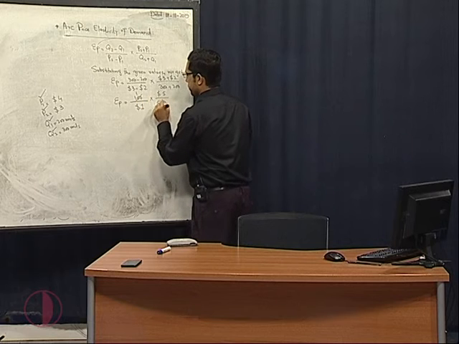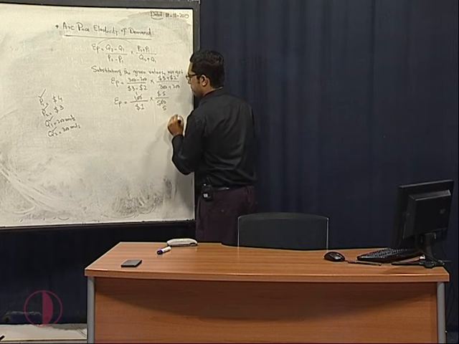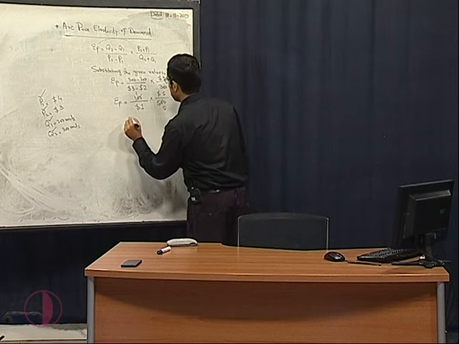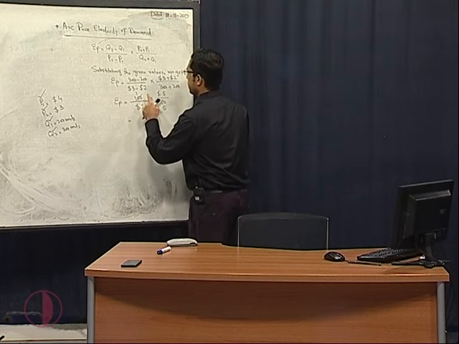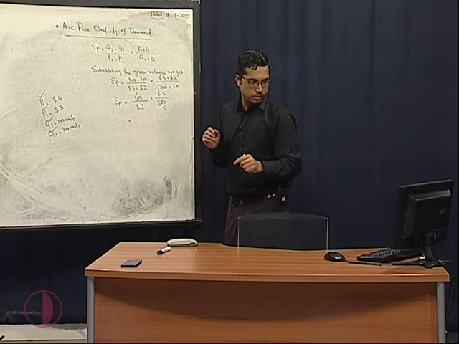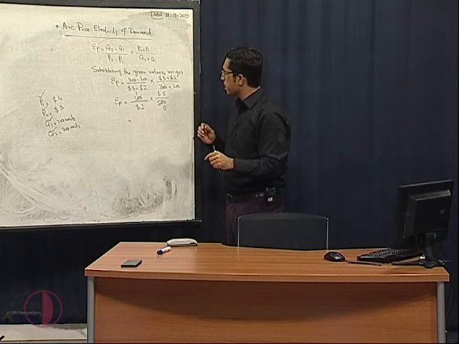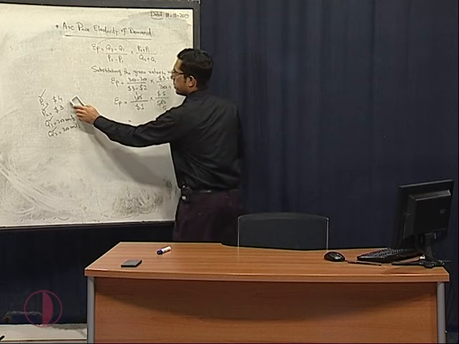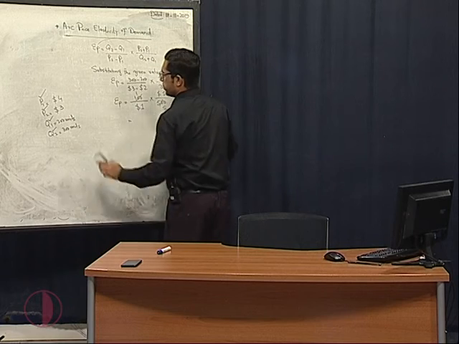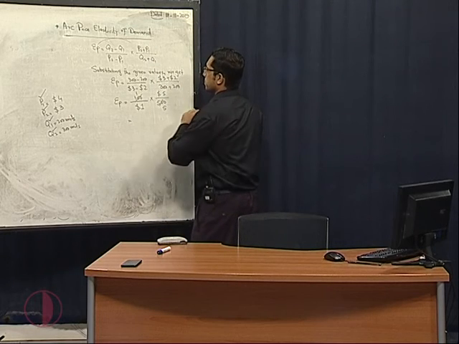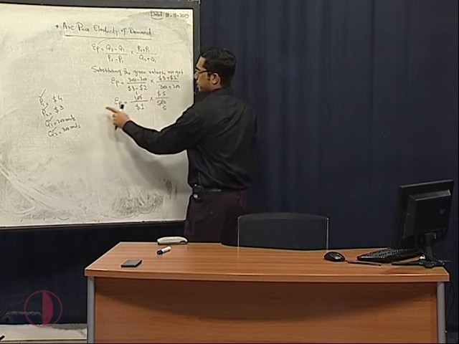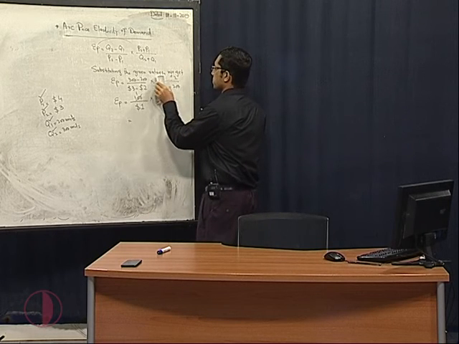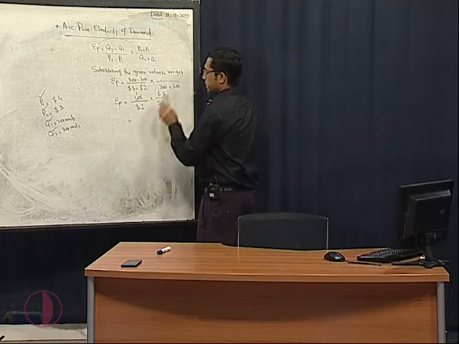Cancelling these values with each other, 5. So this is not 2, this is P1 is 4 and P2 is 3.